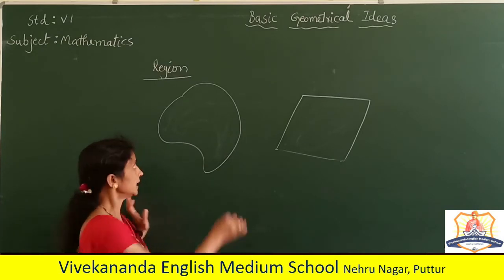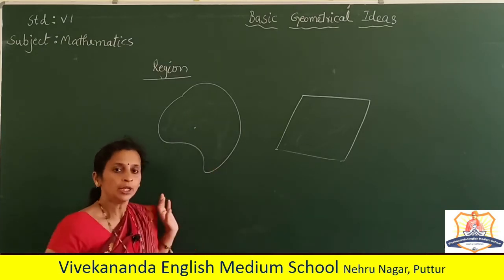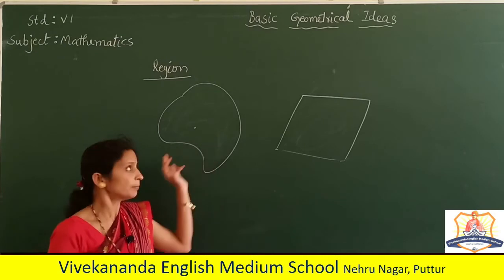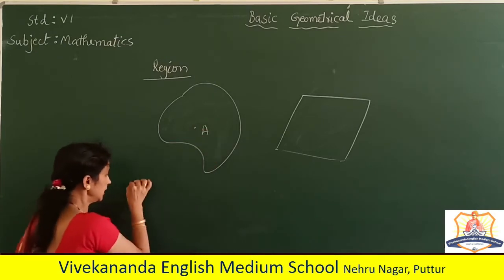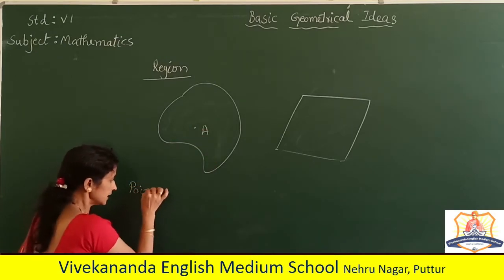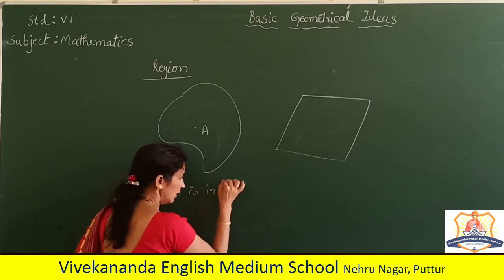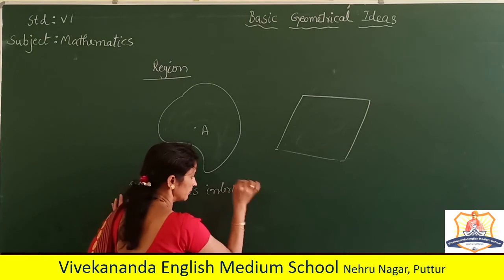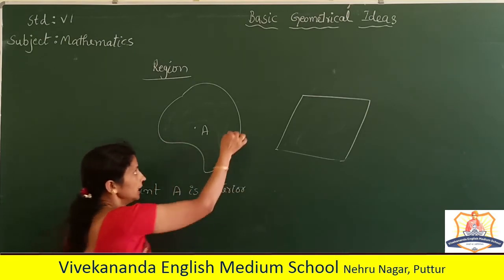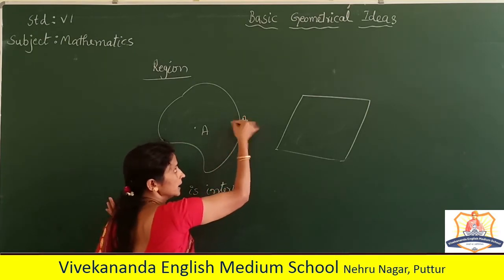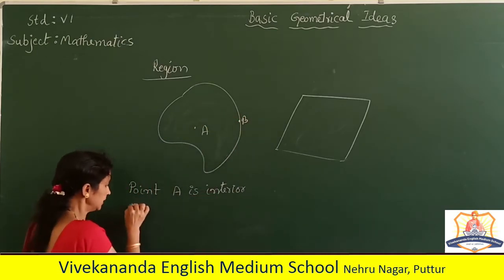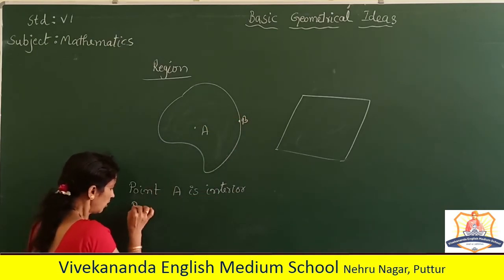If the point is inside the region, we call it an interior point. So point A is an interior point, and if the point is on the boundary, we say point B is on the boundary.